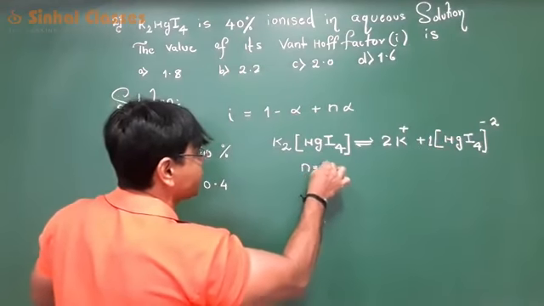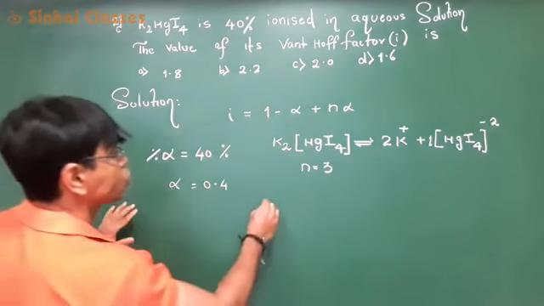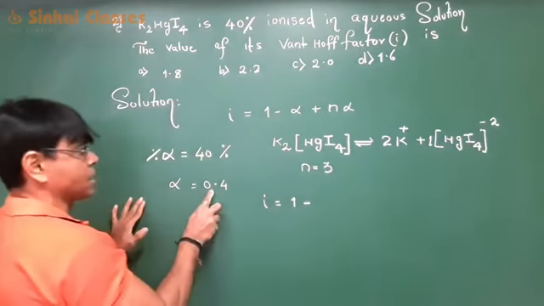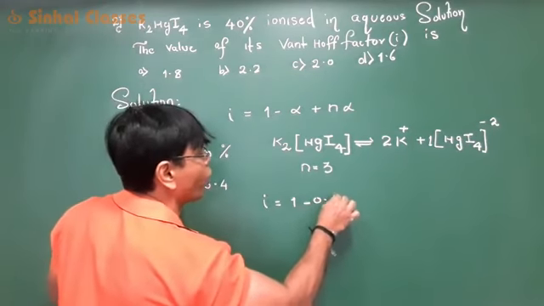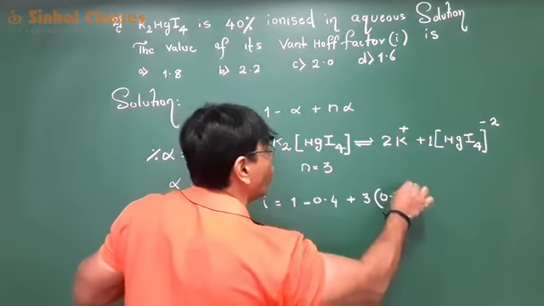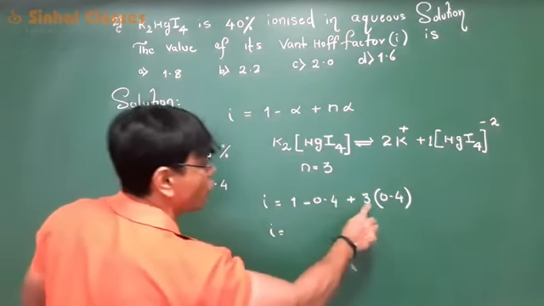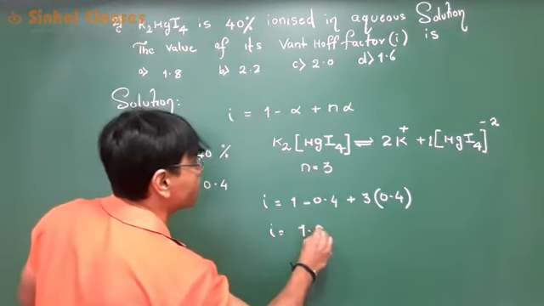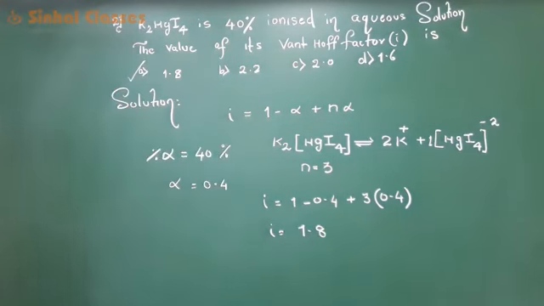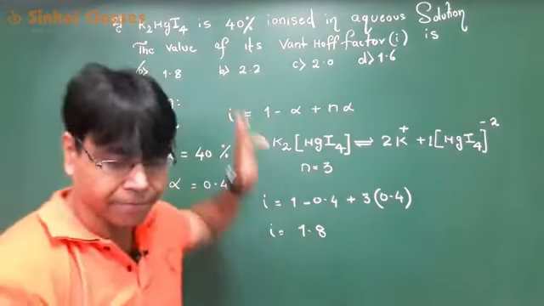So the n value is 3. Substituting this value here, i = 1 - 0.4 + 3 × 0.4. So your i, after solving, is 1.8. So the answer for this question is A.